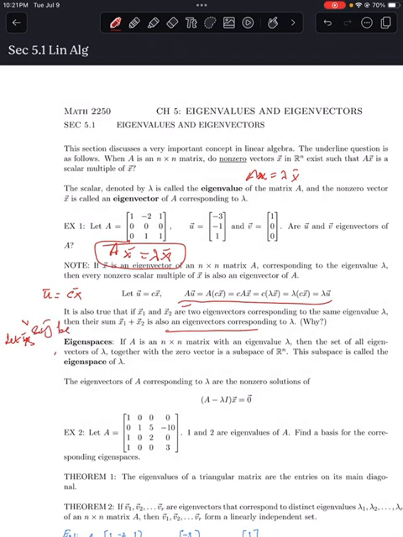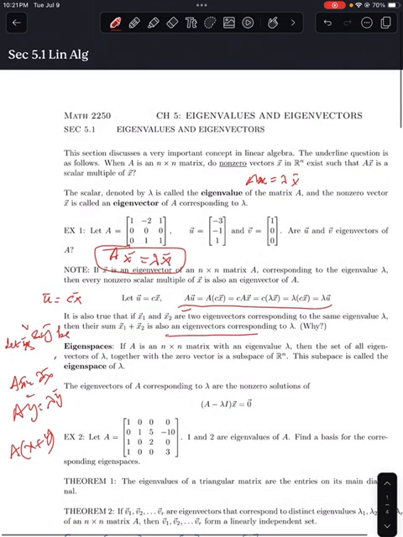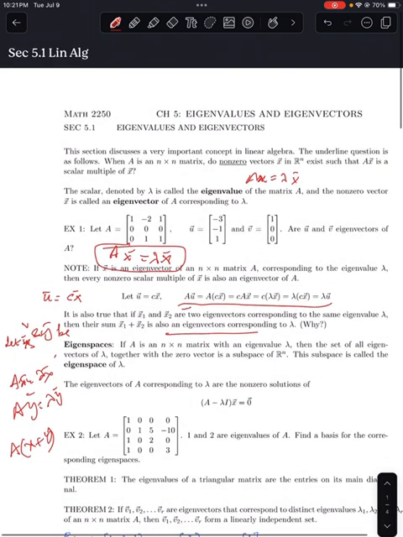What does that mean? It means A times x is equal to lambda x and A times y is equal to lambda y. Now you want to check what happens when I do A times x plus y. I will leave it here. You can finish the proof.